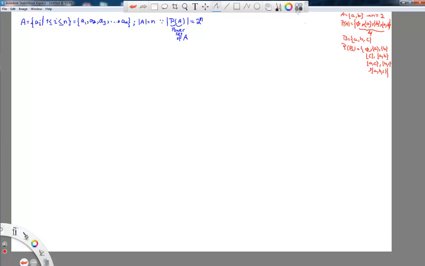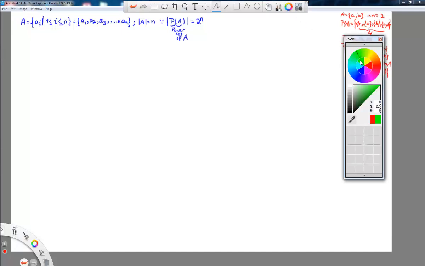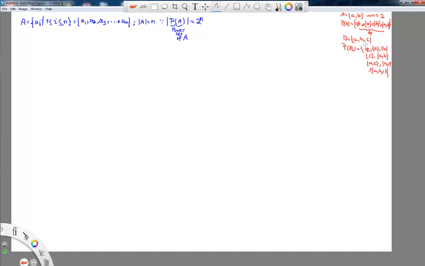So let's see how many there are: 1, 2, 3, 4, 5, 6, 7, and 8. So the power set will have 8 elements in it, which is 2 to the 3. So n is 3 here, and the power set will have the size of 8.